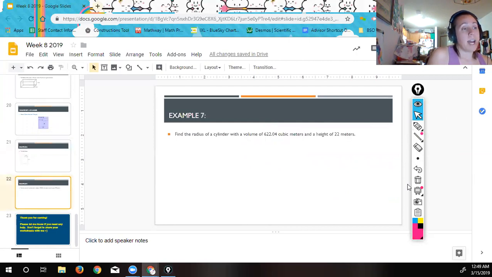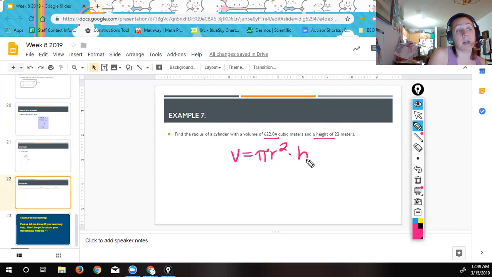All right, the last thing, find the radius of a cylinder with a volume of that and a height of that. So we want to find the radius. So the formula for volume is pi r squared times height, because that's the area of the base times the height.